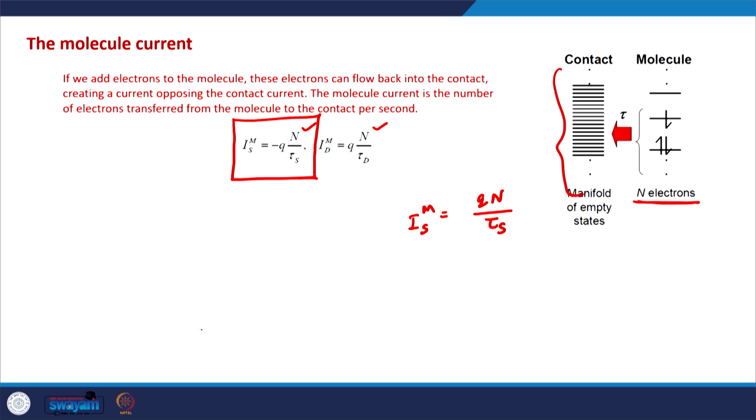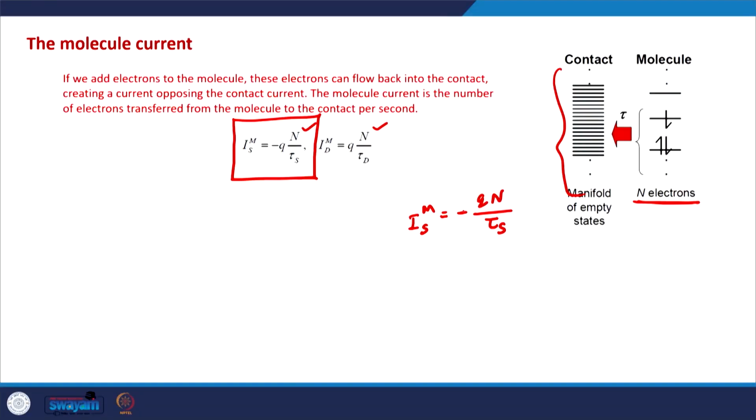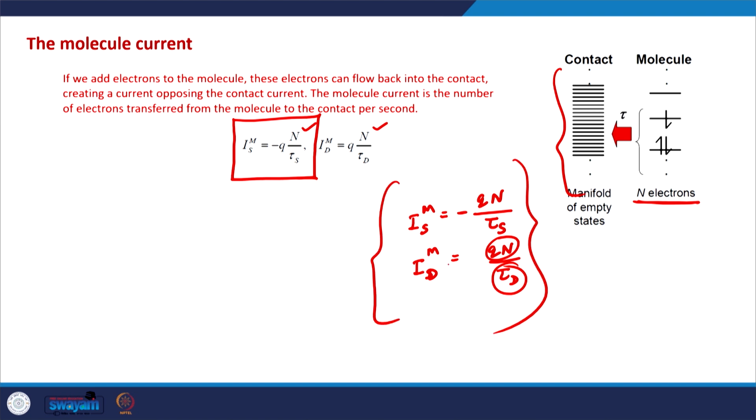In steady state, for positive drain voltage, the electron flow is from source to molecule to drain, so that's why there is a negative sign here. Similarly, the molecule current at the drain contact is the charge available in the molecule divided by the time that it takes for this charge to transit to the drain side. So these are the molecular components.